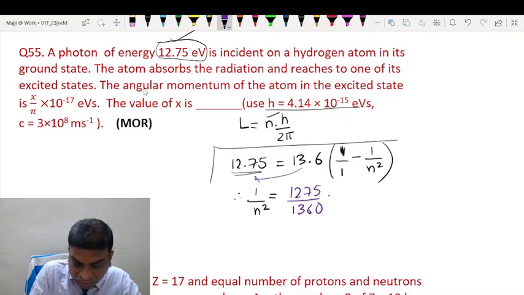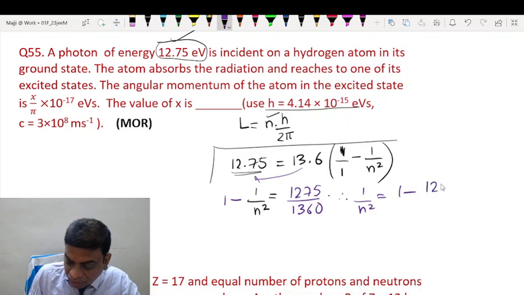This is equal to 1 minus 1 by n squared. Therefore, 1 by n squared is equal to 1 minus 1275 upon 1360.